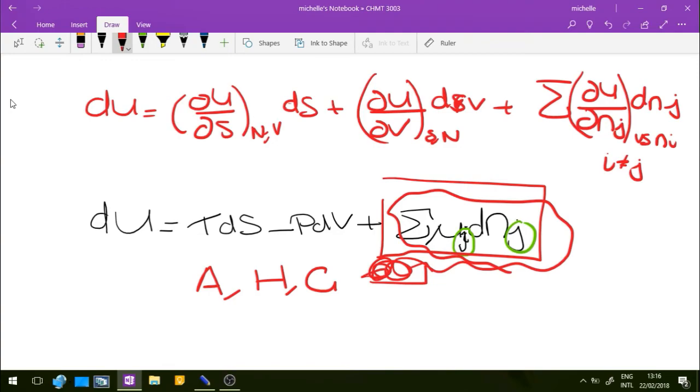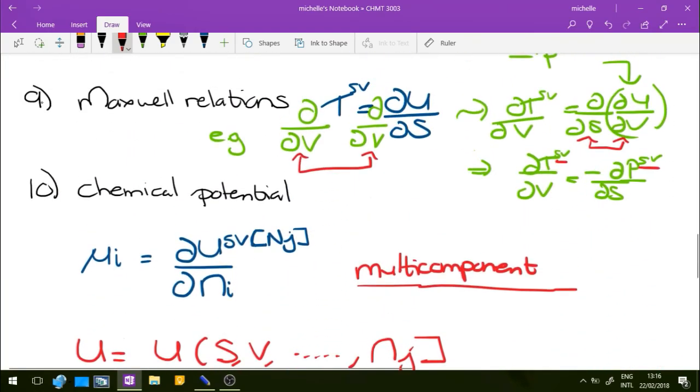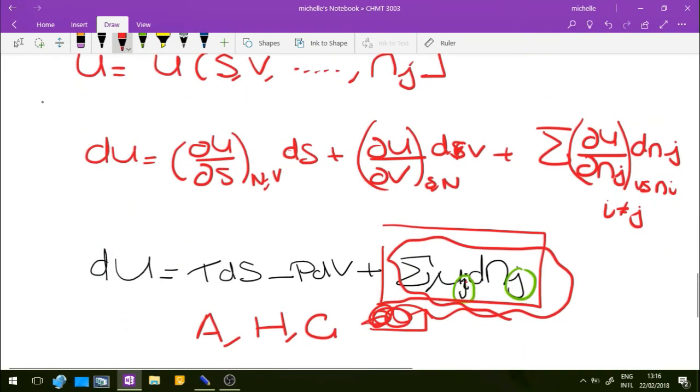But that was the last slide, just to show you that for Ni components or Nj components, depending on whether you use i or j, you will have a chemical potential for each of them, and for each of them you'll also need to keep the rest of the components constant while partially differentiating. And yeah, that was the lecture.